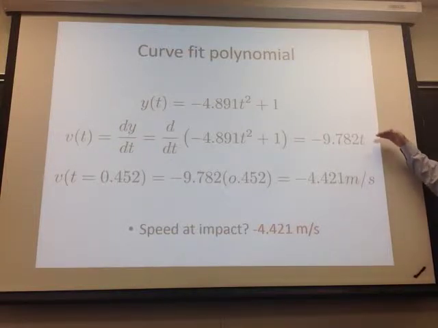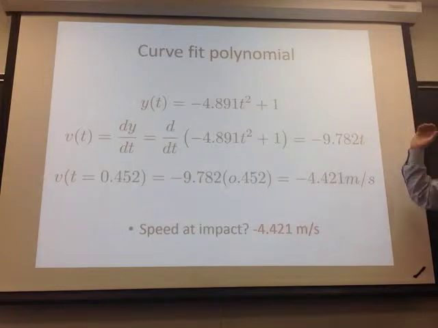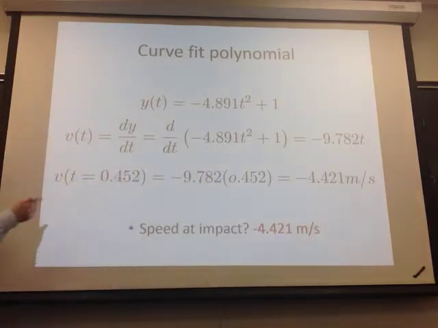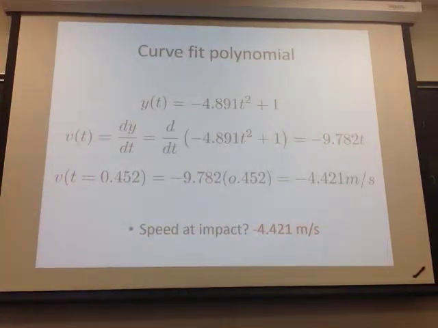Now that we have the derivative, we can evaluate the derivative at the point of interest. So we want to find the velocity when t is equal to 0.452 seconds. That's when it hits the floor.